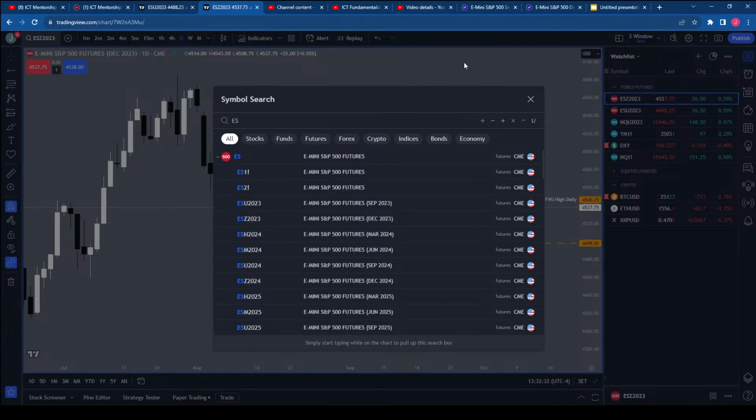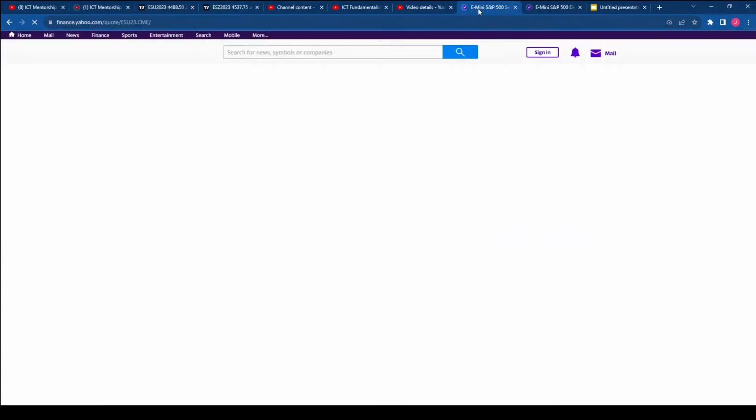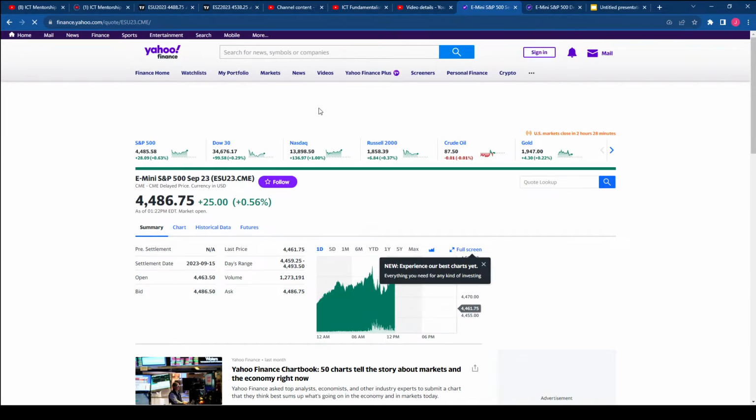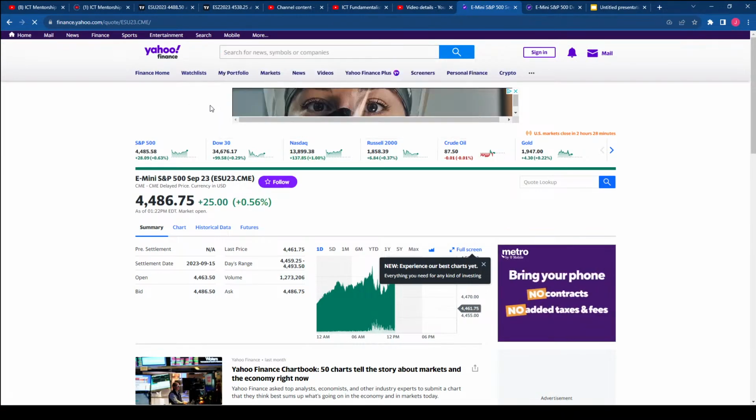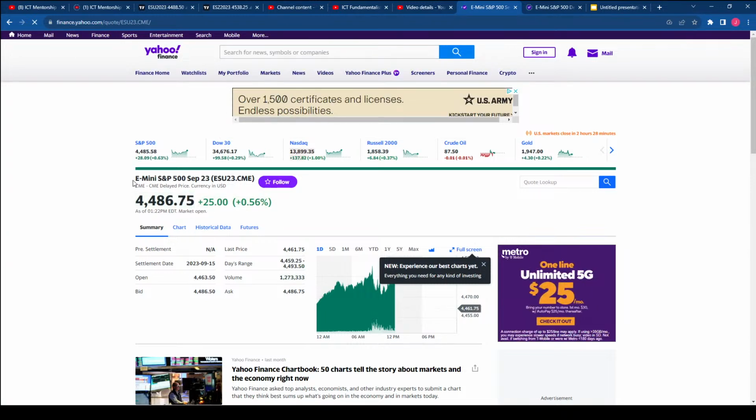The way you check for that is I just use Yahoo Finance. Go to Yahoo Finance, and in the top you would type in ESU 2023. You would get it. It looks like this, and you'd look at the volume and open interest. The open interest is more important, but they'll usually go hand in hand.